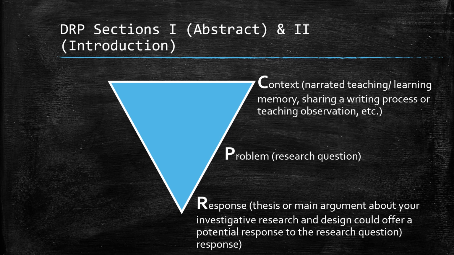The top is broader, the C, or context. Perhaps you're going to begin by narrating a teaching or learning memory. Perhaps you're going to share a writing process or teaching observation about writing. Perhaps it's something entirely different, but that connects to your research question. You want to think about your context as something that's connecting to your audience, not necessarily a hook.